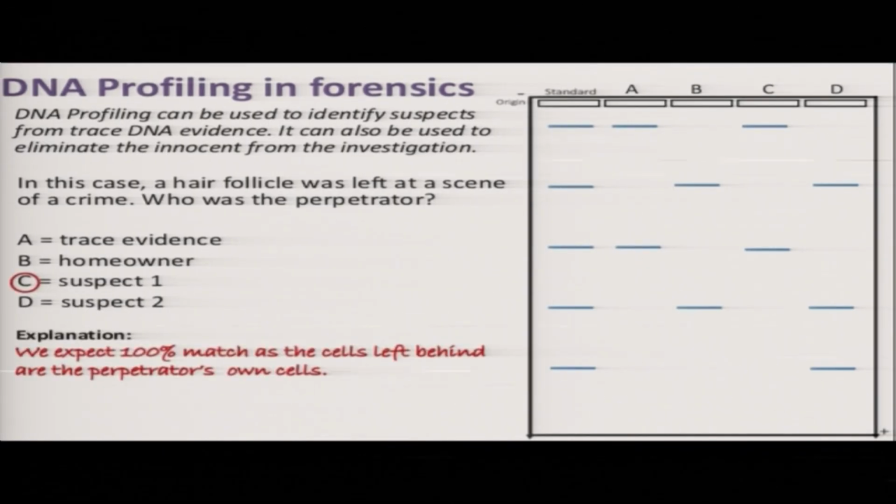So let's check out and see. What is the expectation? If we go for a DNA match, then we expect 100% to be truly that you are the criminal. It should be a striking, sharp similarity, 100% match.